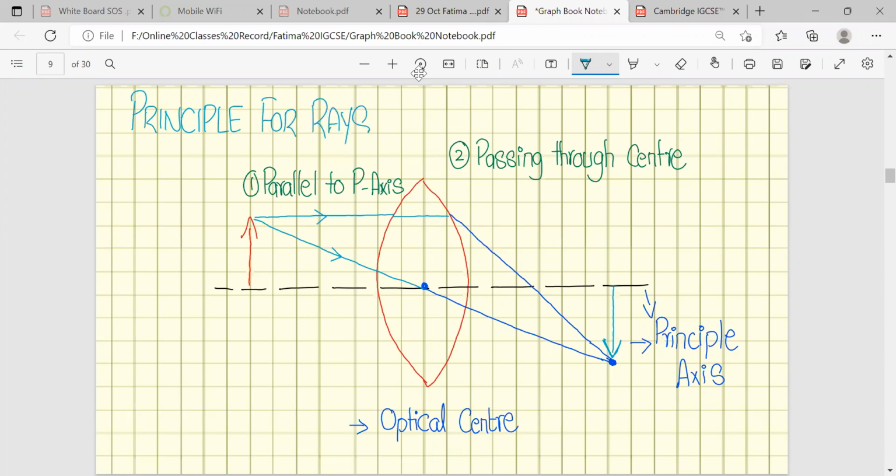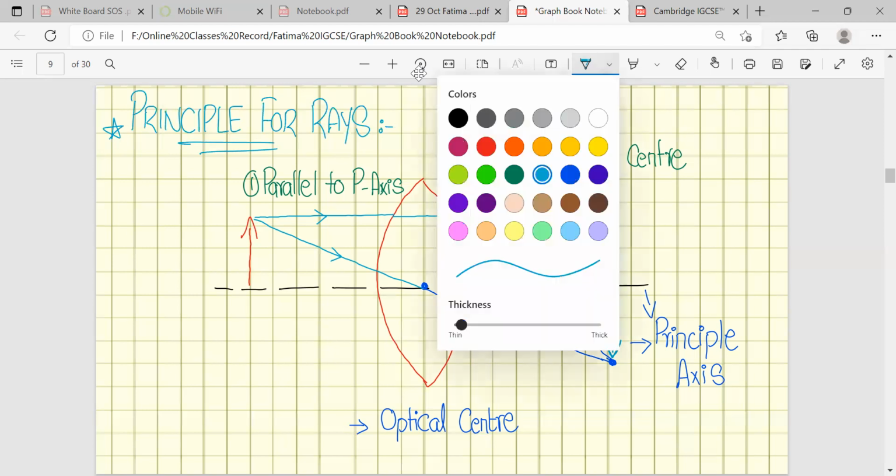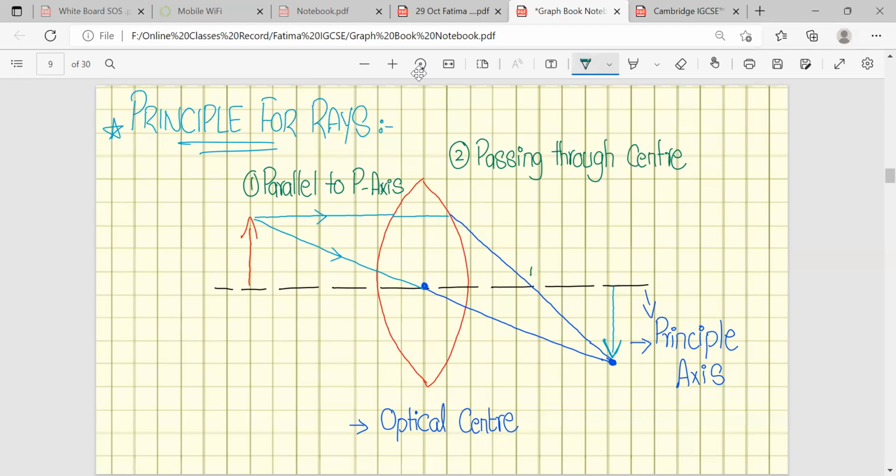So these are two types of rays orientation, or the principle for their orientation. And at this point, after passing through the lens, this point is known as the focus point, right?